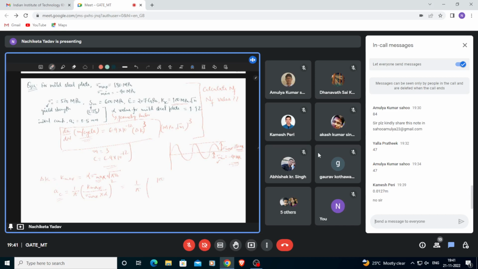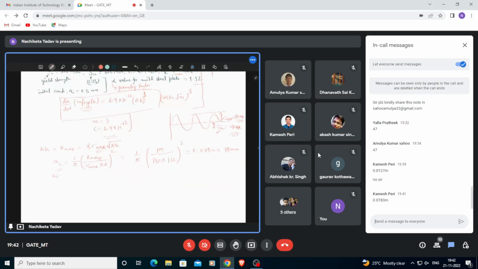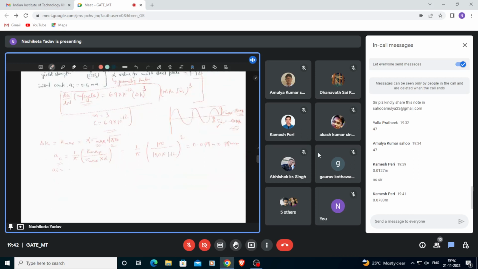This is given 100, sigma max 180, and alpha, the geometry factor, is 1.12. If you calculate, you will get nearly 0.078 meter, 78 mm.